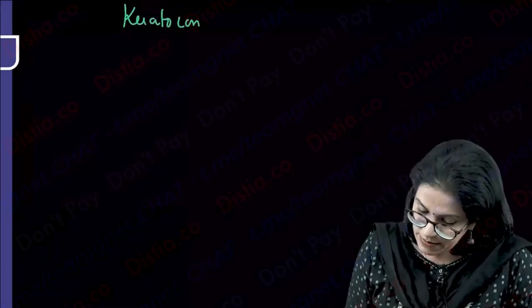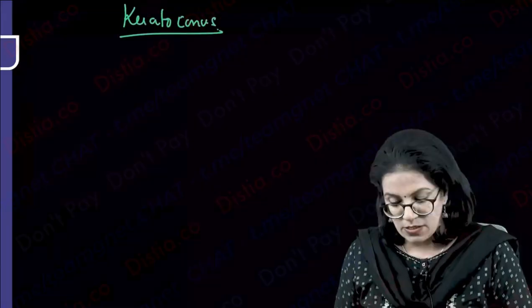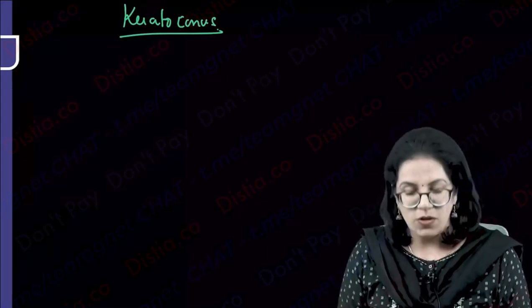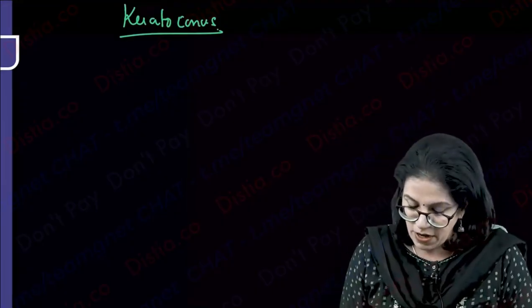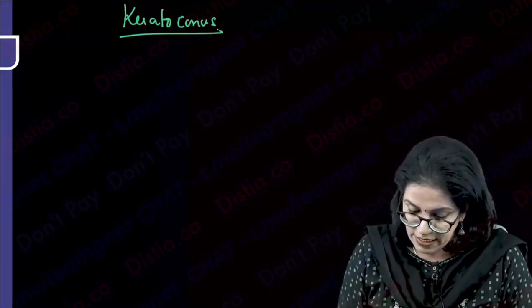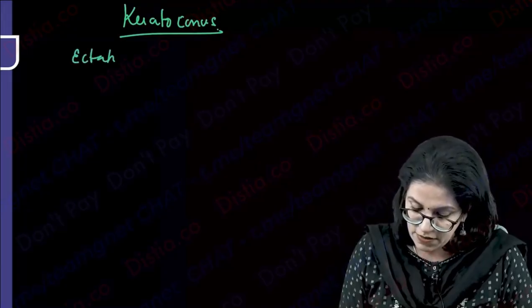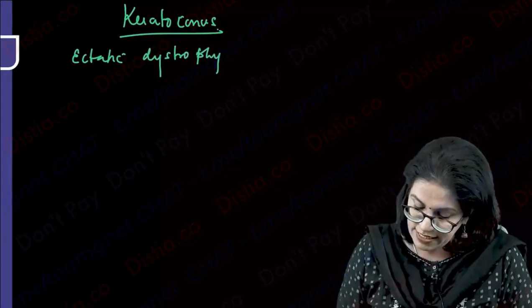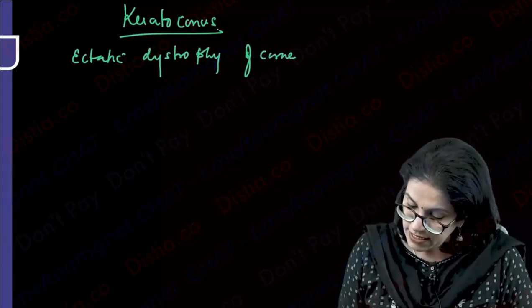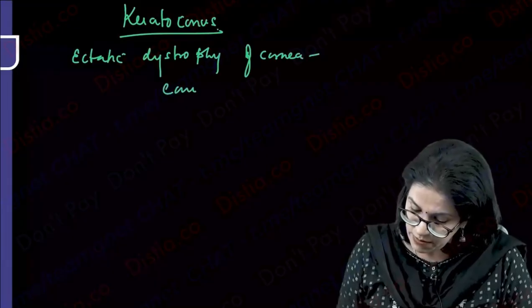So what is keratoconus? You all know it means conical protrusion of the cornea. So how are we going to define it? It is an ectatic dystrophy of the cornea. Note down please, it's an ectatic dystrophy of cornea leading to its conical protrusion.